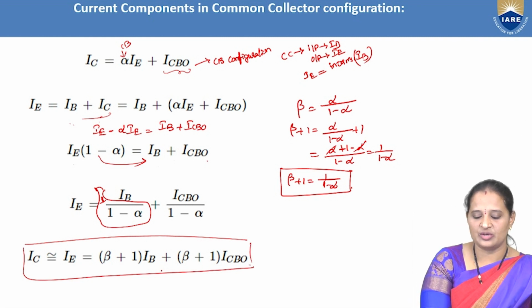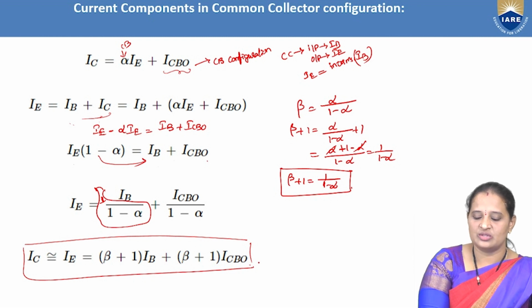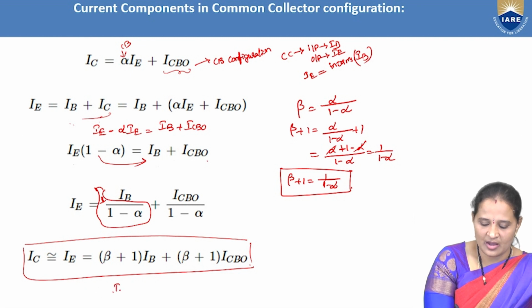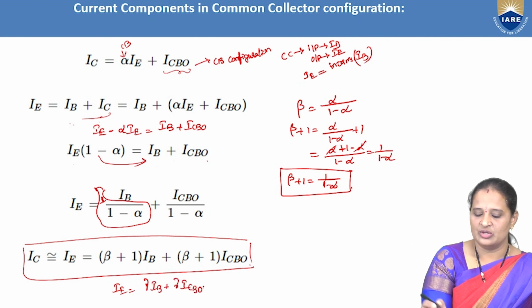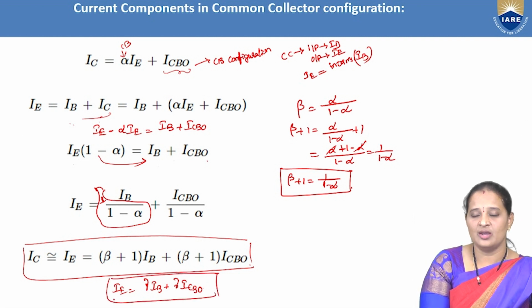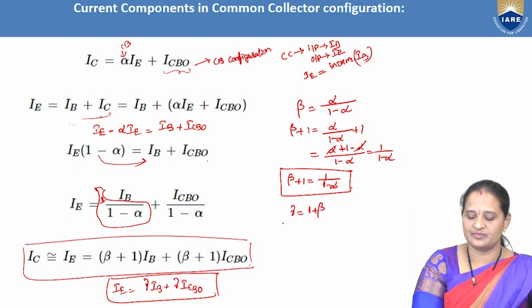I can write this equation as IE = gamma IB + gamma ICBO. This shows the relation between IE and IB, and from this gamma = 1 + beta.